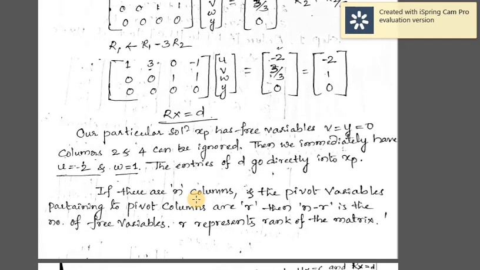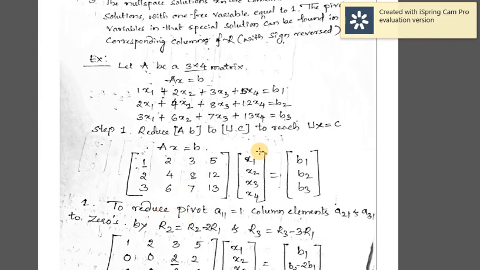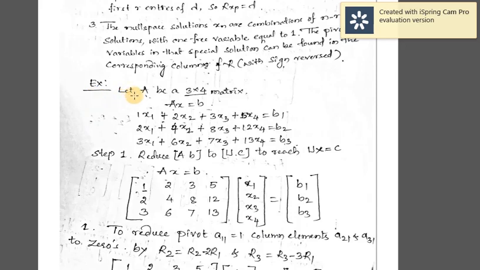And we have to even go for a special solution Ax is equal to 0 to obtain the null space. So the combination of null space and particular solution is nothing but the complete solution of our equation.